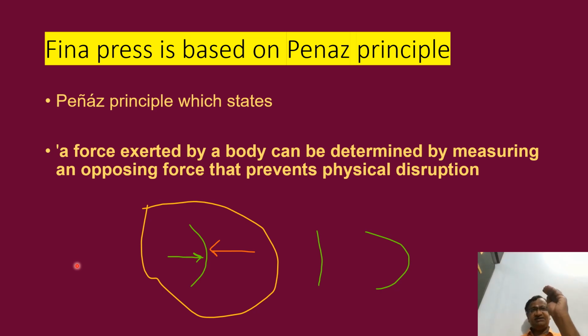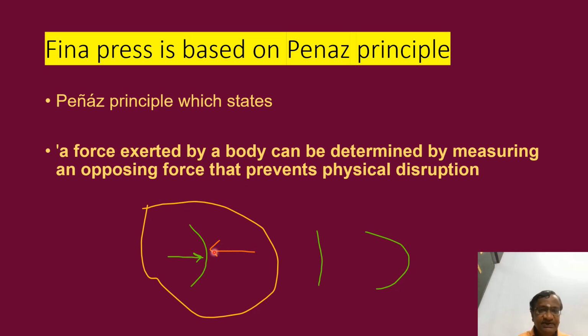Now there is a body like this, and you are giving a force like this. If it disrupts, then if there is some other force that prevents disruption, then it is the exact case.